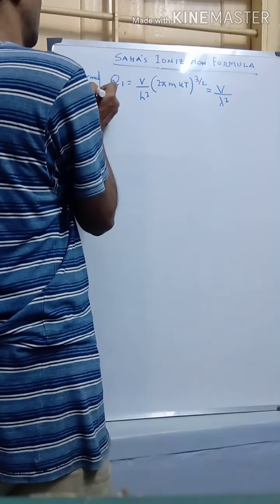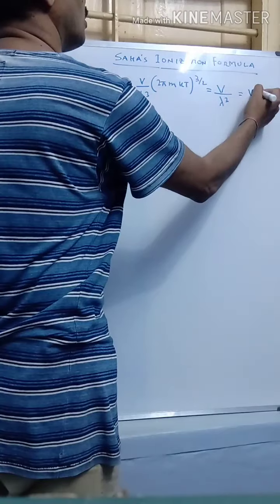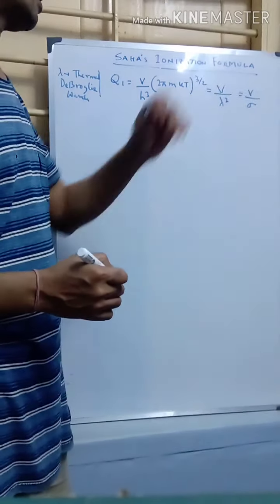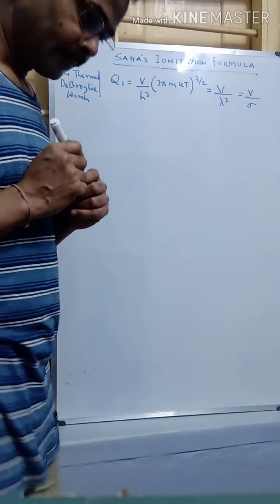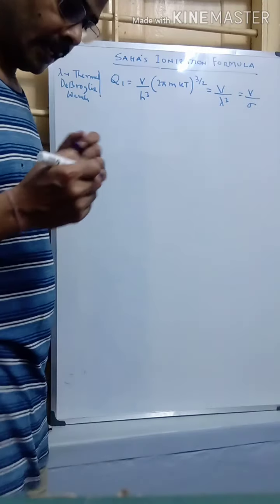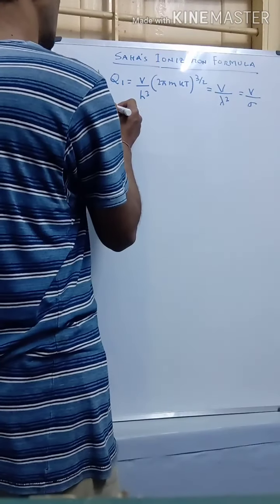The volume occupied by a de Broglie wavelength, lambda cubed, we call sigma.